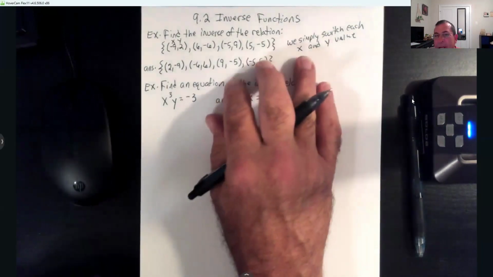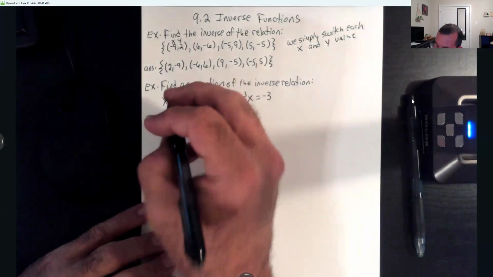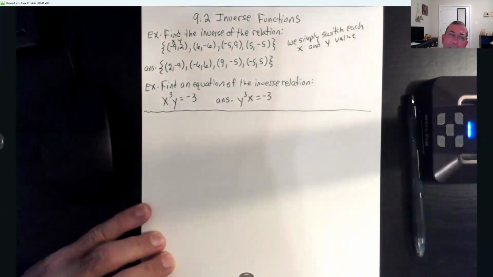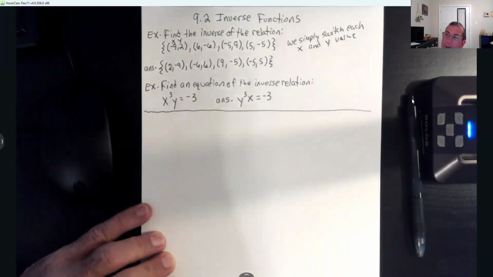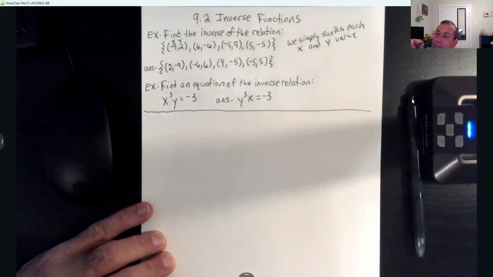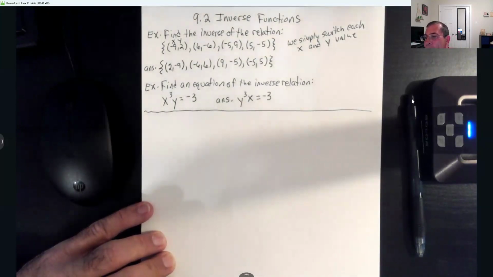Now, before we get into doing this with a function, we're going to learn about what we call the horizontal line test. Remember, we did vertical lines up and down when we looked for functions. This horizontal line tells me whether a function is what we call one-to-one.